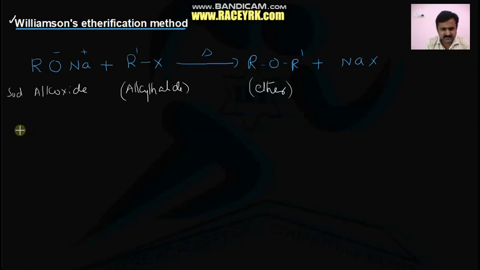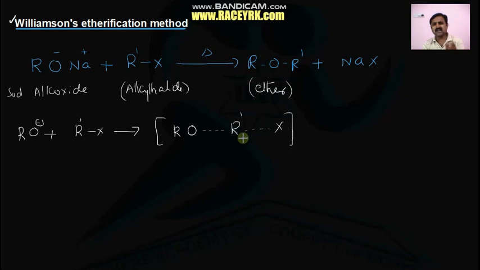In this method, when the alkoxide ion attacks the substrate, that is the alkyl halide, first it forms a transition state, where RO starts linking with the alkyl group of the alkyl halide, and the bond between the halogen and the alkyl group starts separating out.